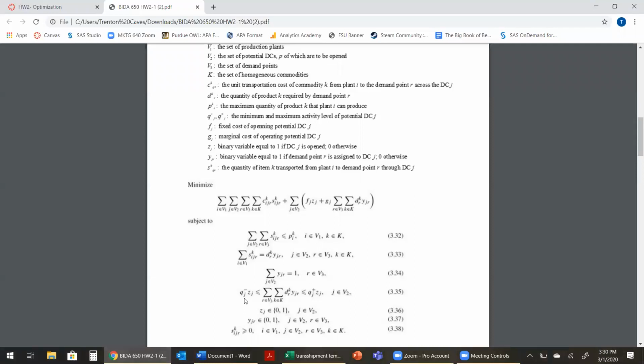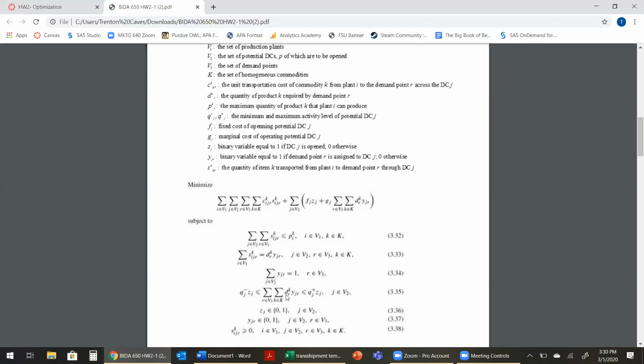So d_r k y_jr breaks down into the activity level for the distribution center. It's how much of the commodity this distribution center distributes to demand points. And there are constraints on activity level.